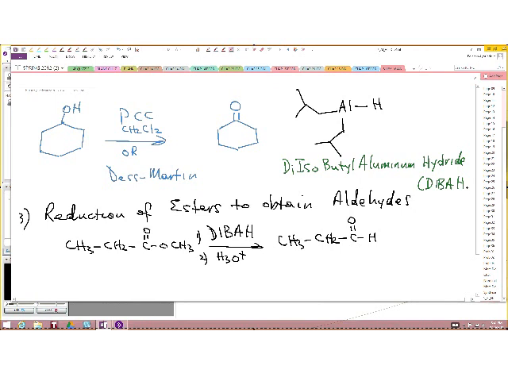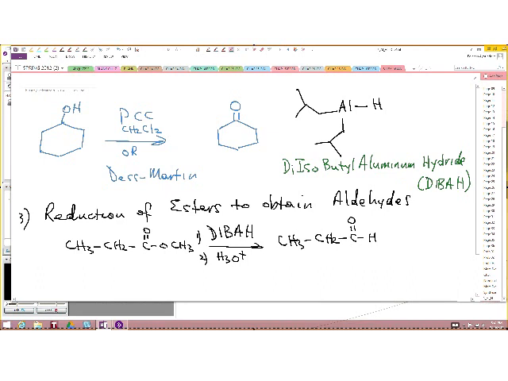So in all subsequent reactions, just simply indicate DIBAH. You don't need to write this big molecule. The D is from the di, the I from the iso, B from the butyl, A from the aluminum. Of course, the H of hydride is hydrogen.